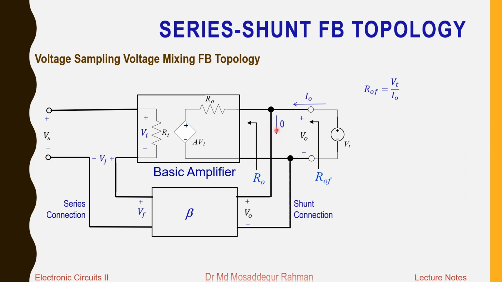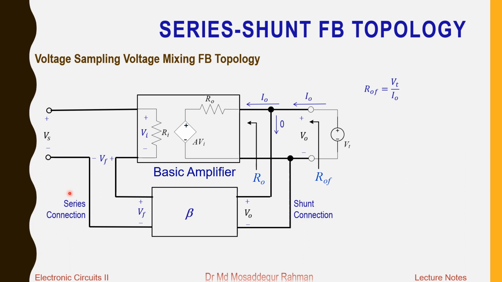We assume that the feedback network is sampling the output voltage, but it is not drawing any current from the amplifier. So that is a simplification, and we are doing this in order to avoid complication in the analysis. When we assume that the current flowing here is 0, the whole of this current I naught will flow into the amplifier through the resistance R naught.